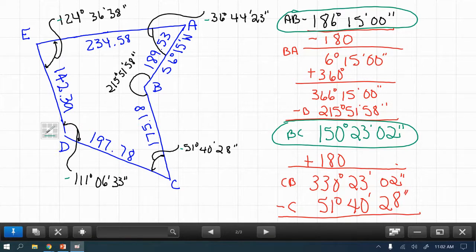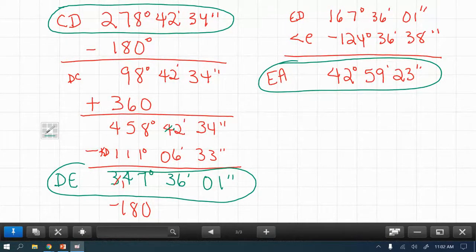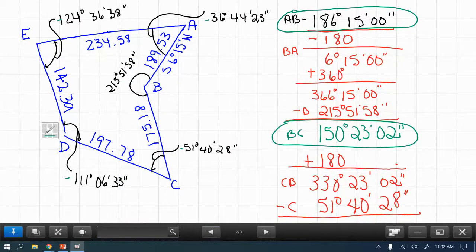CD again? 278? What's the one before that? I got that one. 330. So I wouldn't just leave it. So I'm gonna check back and see if we get exactly what we start with.